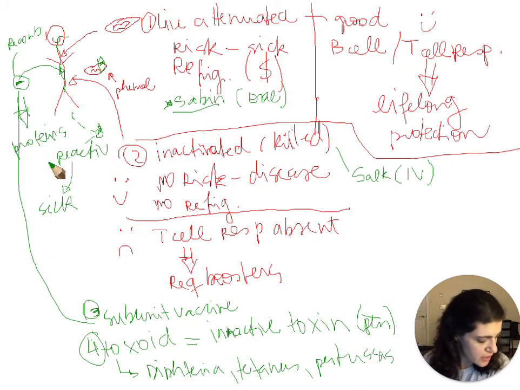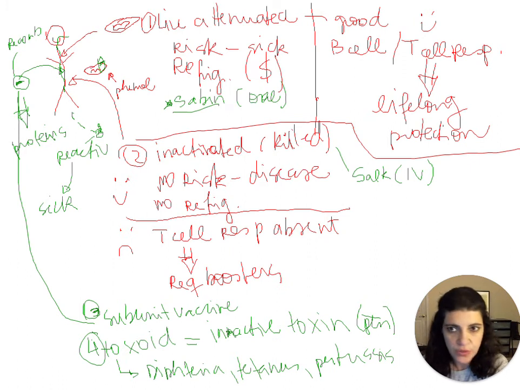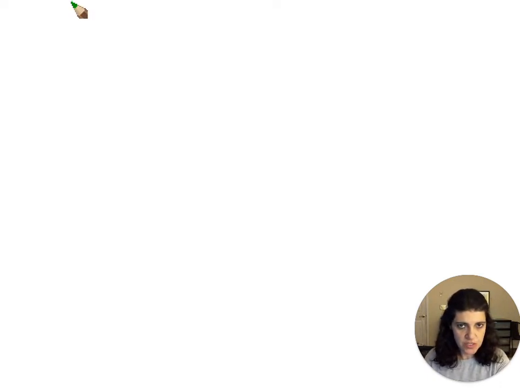All right, so then we have 2 more types, which are also considered subunit vaccines. I'm going to clean the page here. One is the VLP, which is virus-like particles. You get a virus and you exclude the nucleic acid.